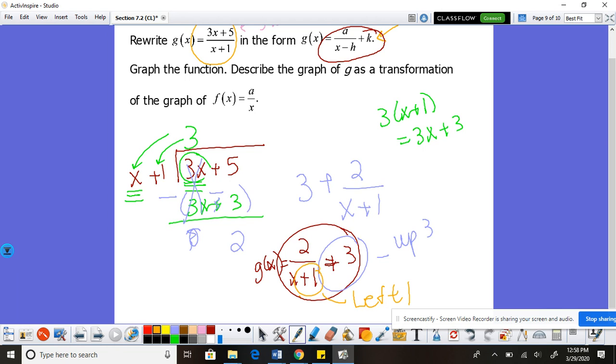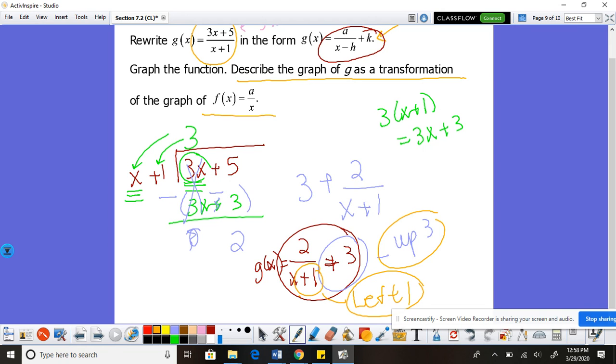So when it says describe the graph as a transformation of f of x equals a over x, in this case, our a is 2. So all I would say is this graph is 3 up and 1 left of f of x equals 2 over x.